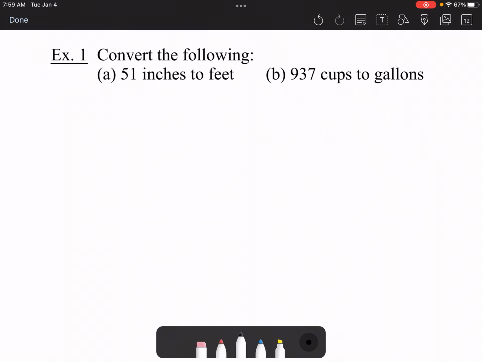So the first thing we're going to do is convert 51 inches to feet. Now if you look at your conversion summary sheet, you can scroll down until you get to length, because inches and feet are length.